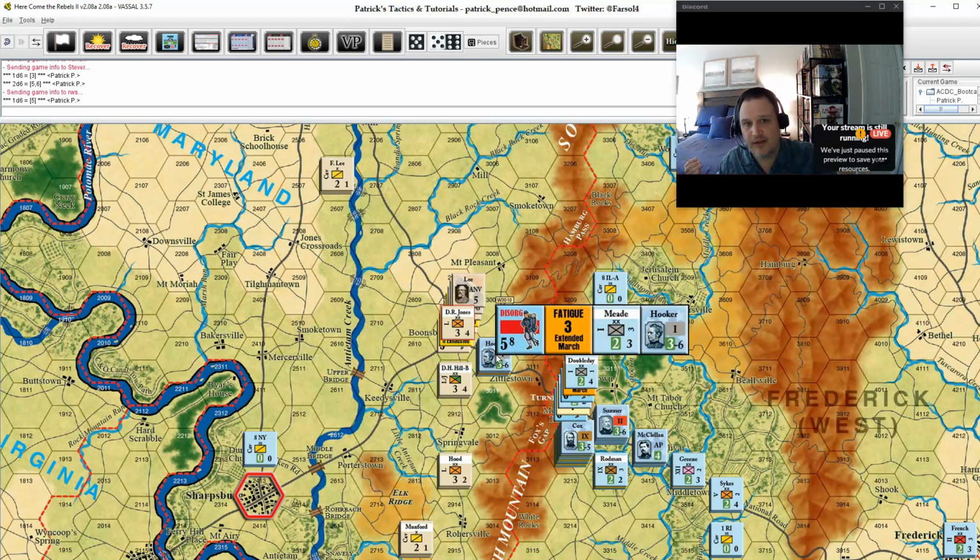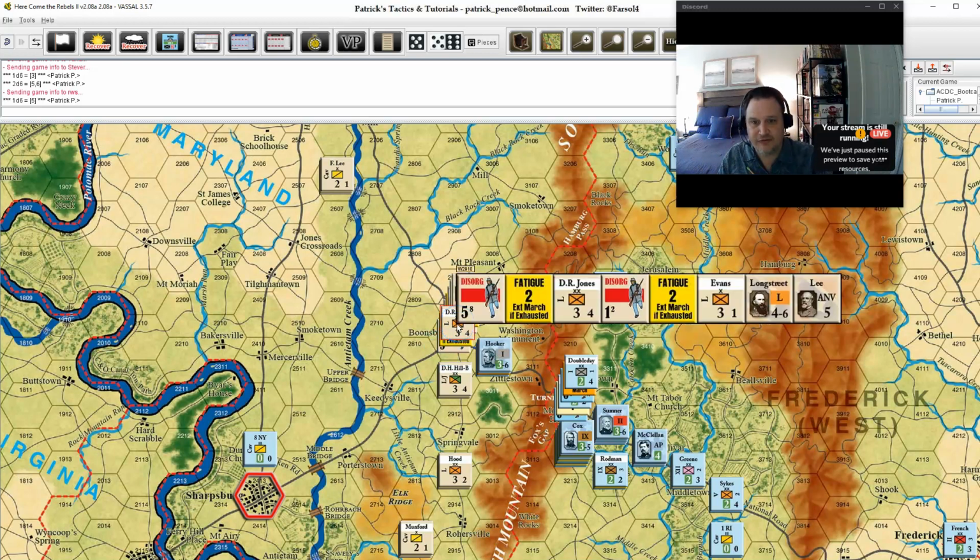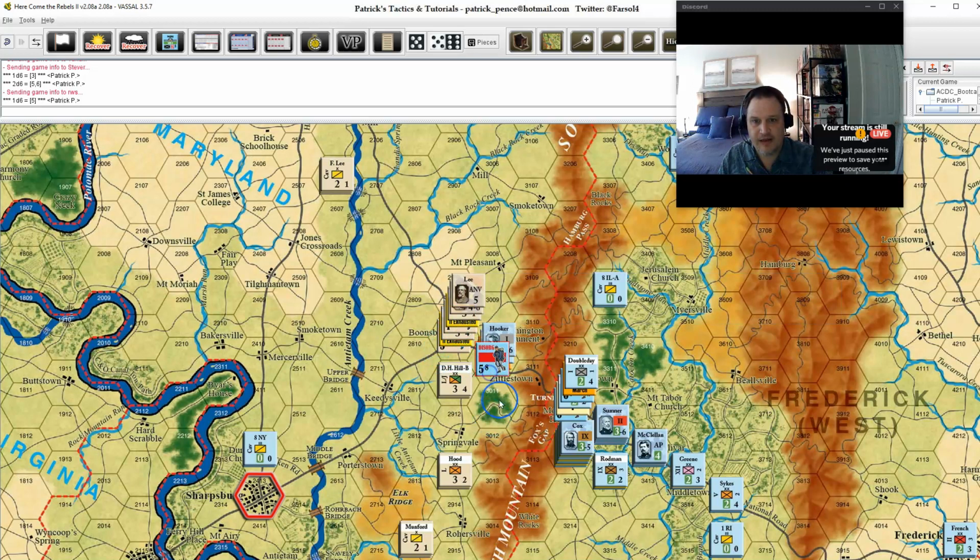But what I want to do is utilize Lee's capability to organize units from additional hexes to potentially bring in more manpower, so it might improve my manpower ratio, and it might overcome some artillery deficiencies that I have when I'm attacking. We could see that Dr. Jones is a 4, and Hooker's Meade's got a 3 artillery battery in there.